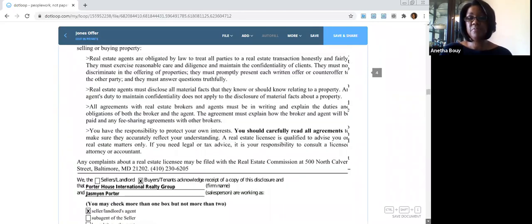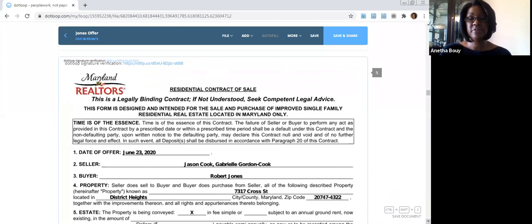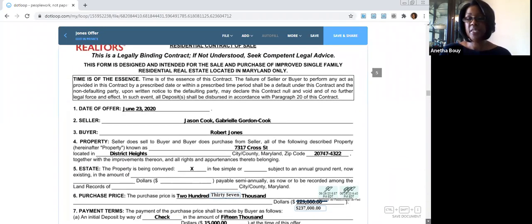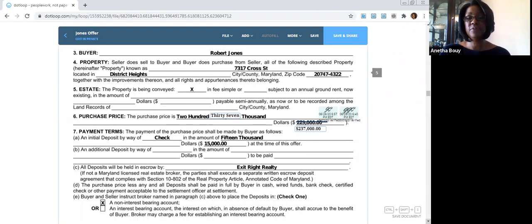So again, Mr. Jones has provided us with all of his information, his contract, and it looks as if he started out with an offer amount, and he amended it to 237,000 from 229, it looks like it was.